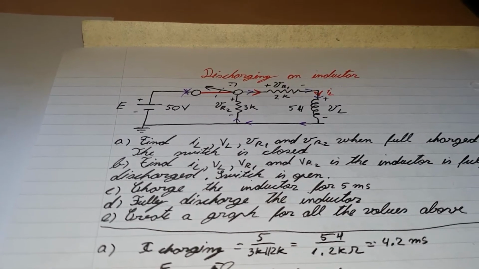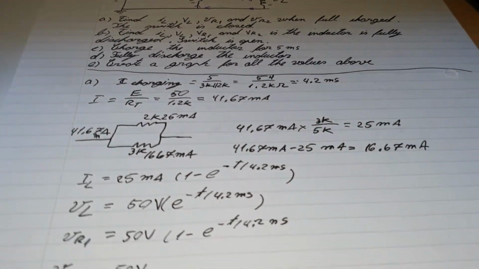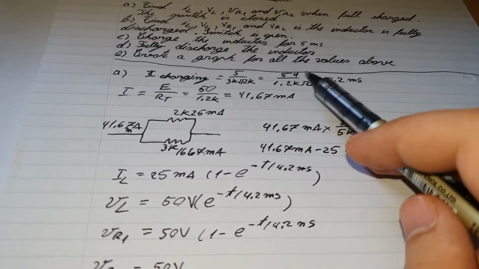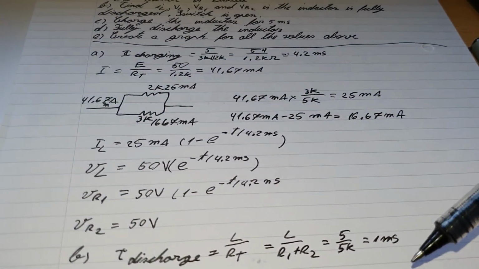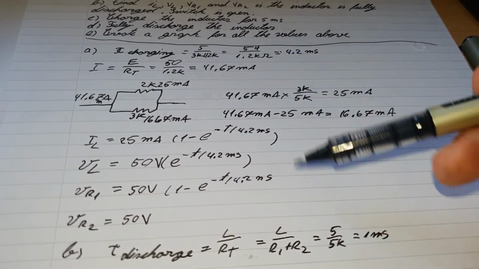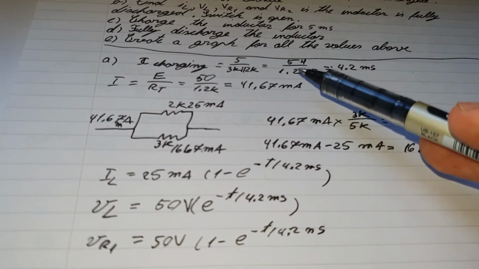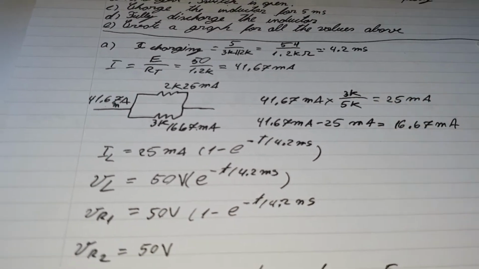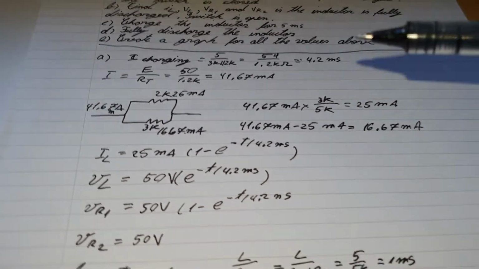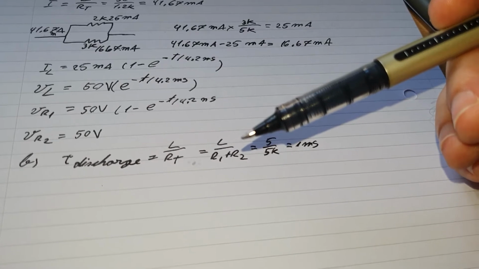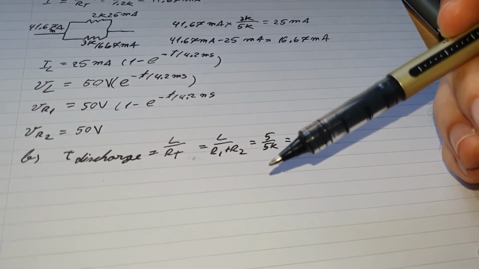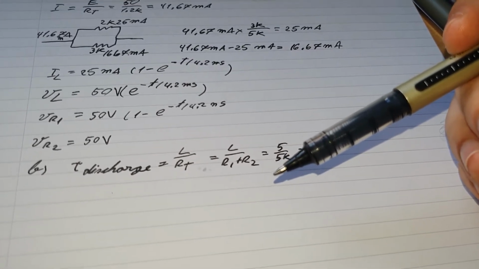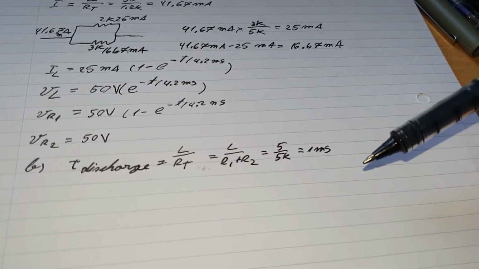And we did get 1 millisecond, so it will discharge faster compared to the charging time, which is this one here. And you can notice the relationship between the resistance and the discharge time. Here there are 5 henries again, but this time divided by 1.2k ohms, and that will discharge in a 4.2 milliseconds time constant, and that will take longer compared to this one that has less current going through it, a higher resistance connected to, which is 5k, and that will result in 1 millisecond of a time constant.